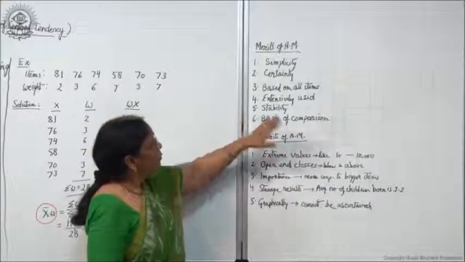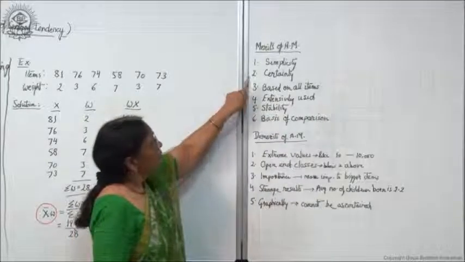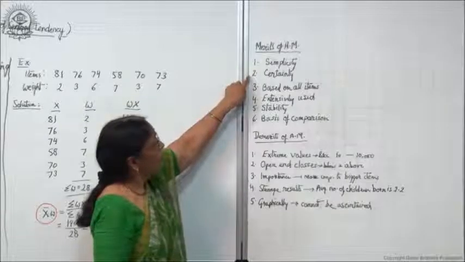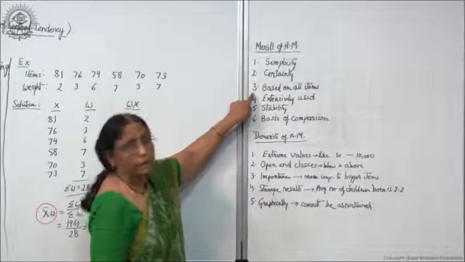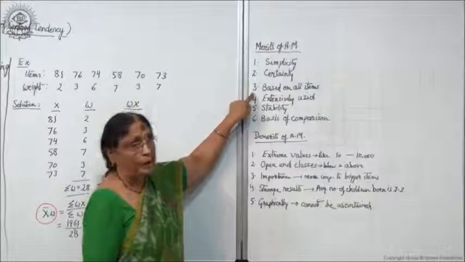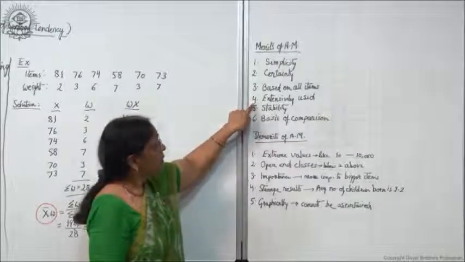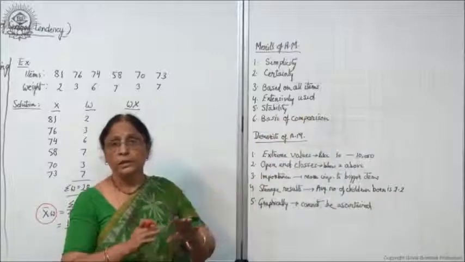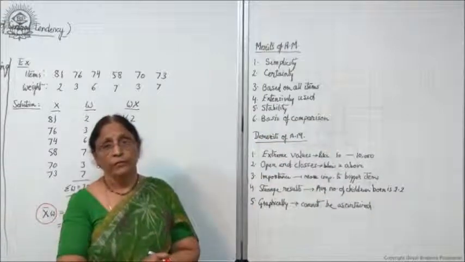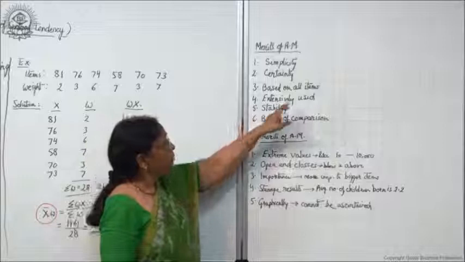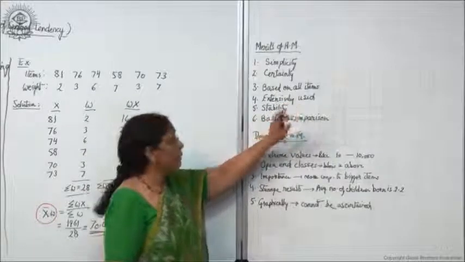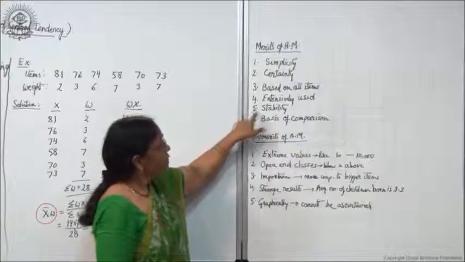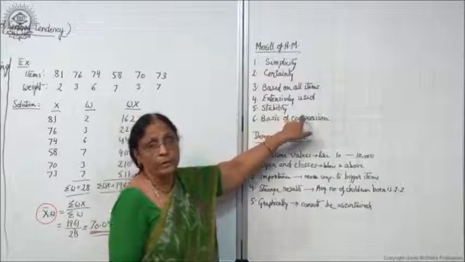Comparing to these two, this is more simple, more certain, and it is based on all items. Fourth, it is extensively used, that means it is very popular and widely used for calculating arithmetic mean.